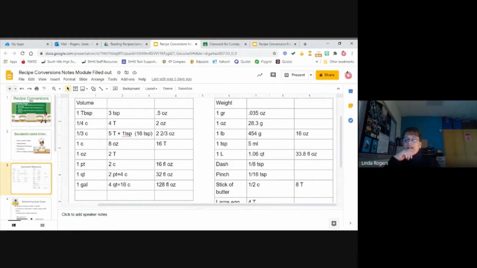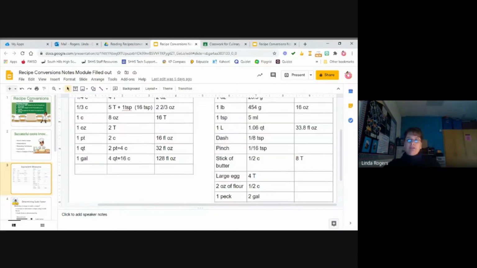A dash is referring to about 1/8 of a teaspoon. A pinch is referring to about 1/16 of a teaspoon. A dash is kind of like 2 pinches. But most of the time you're doing stuff to taste.